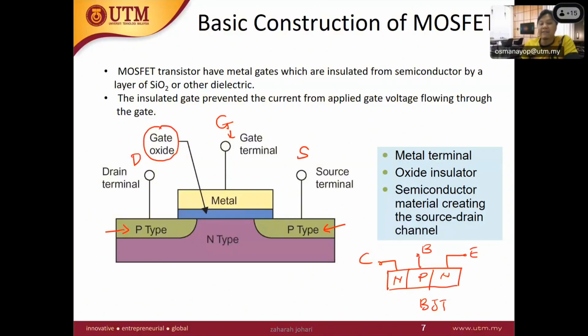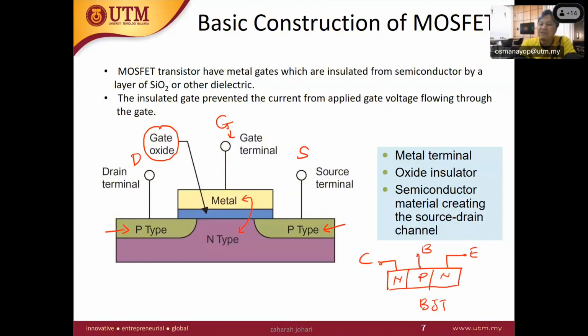This gate oxide separates our metal from the semiconductor material, so there is no direct connection between the gate and the body. Knowing that, we can predict that no current can flow through the body from the gate. So how can we control the output current?